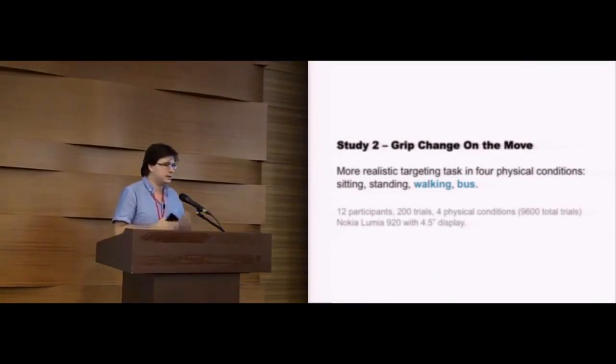Because we're using internal sensors, we are at risk of noise coming from the environment. So we wanted a second study that was more realistic in two ways. First, a much more realistic task. Second, four different physical conditions spanning different degrees of motion: static conditions like sitting and standing, but also more dynamic ones like walking and the random noise given by interacting while on the bus.